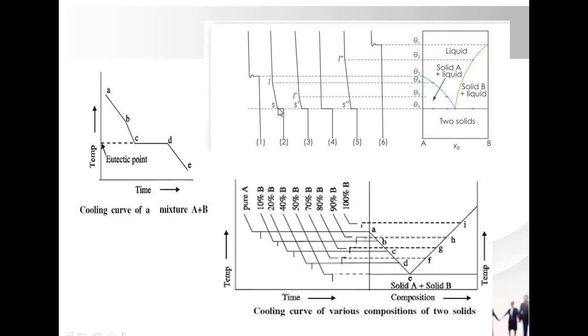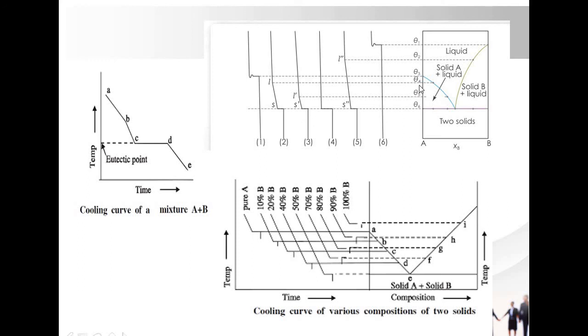For this composition, it's corresponding to this temperature. For this composition, it's corresponding to this temperature. So for any mixture, the eutectic temperature will be the same irrespective of their compositions.